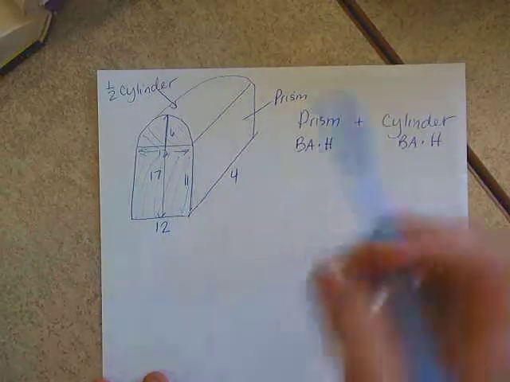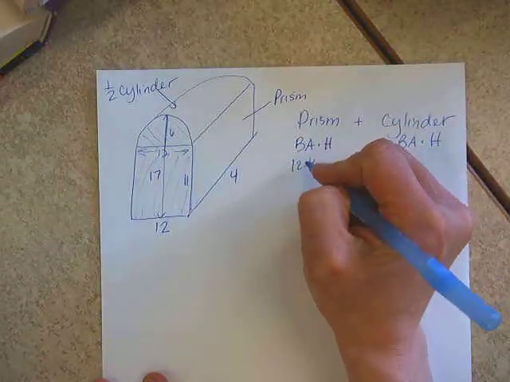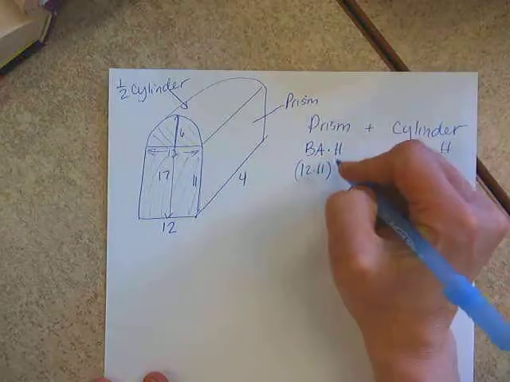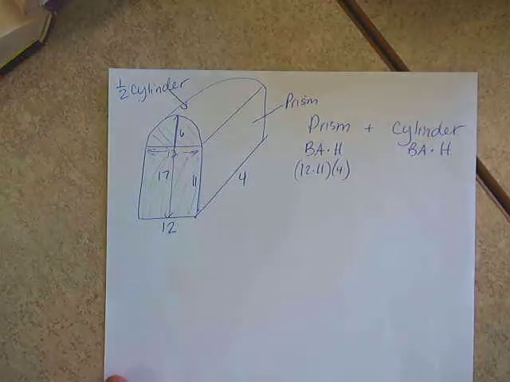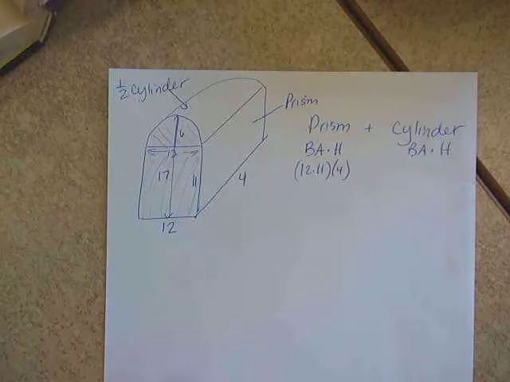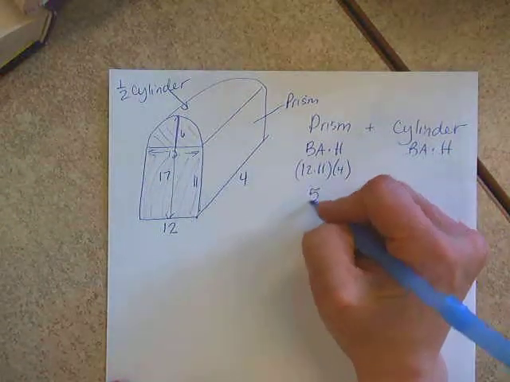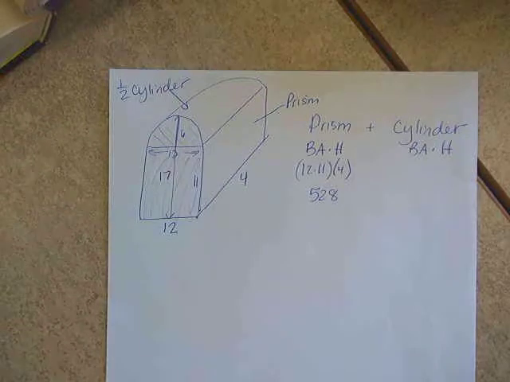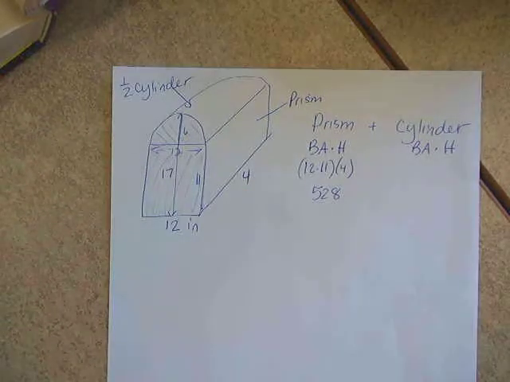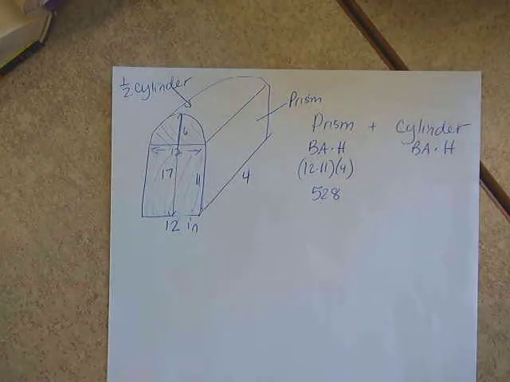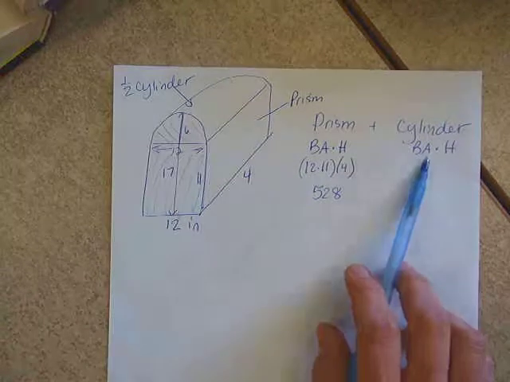Well, my base is this, 12 by 11. So the height is 4. So the prism is 528, we'll just call this inches. We don't need the units yet, but at the end.